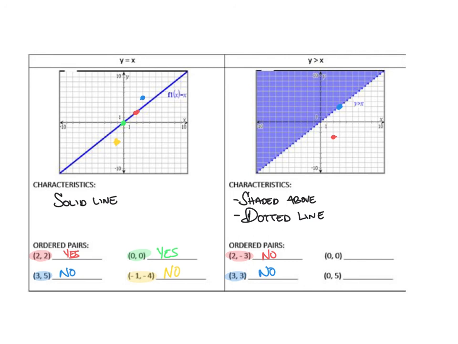Then I have 0, 0, which is this point right here. Again, I'm on the dotted line. That is not a solution. At last, I have the point 0, 5. That point is here. Is this a solution? Yes, because this is in the shaded area.